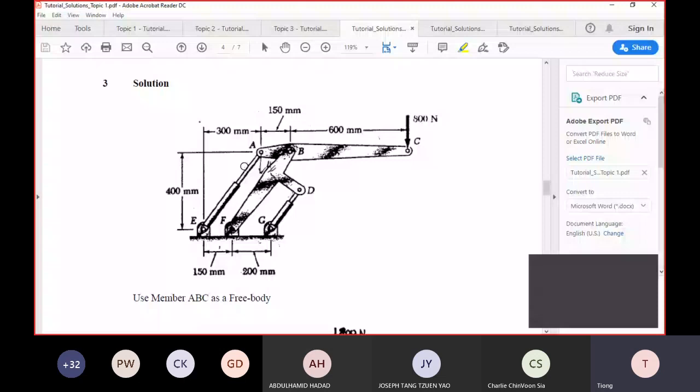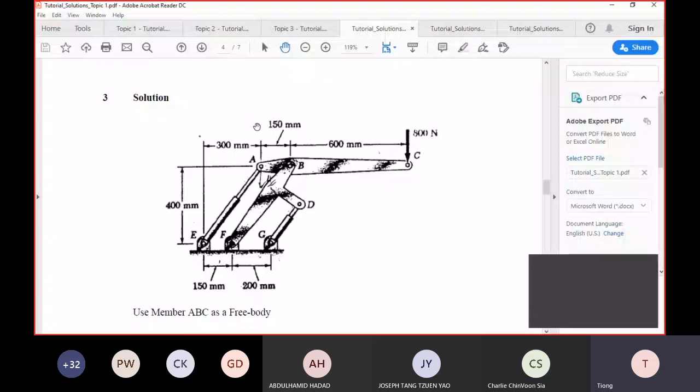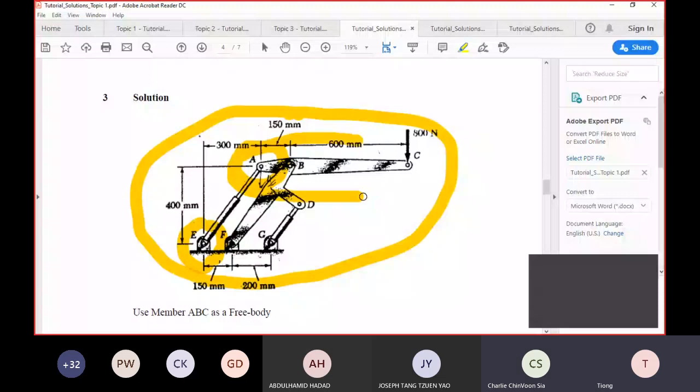There could be other possibilities; we could take, for example, the whole diagram. But if you look at part A, this would be the easiest one. It has to have A in it because it's connected to this one. And for part B, to find DG, you have to take a member that has either D or G, so this would be the easiest member to take. Does that make sense to you?